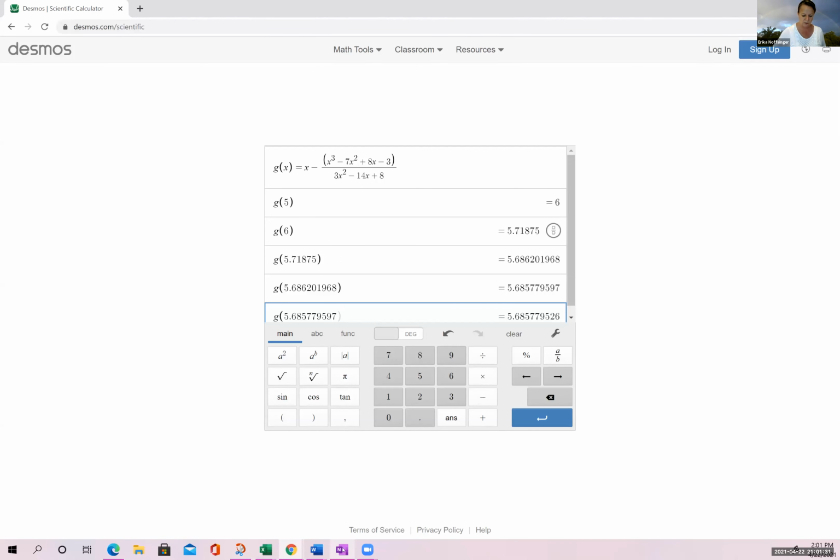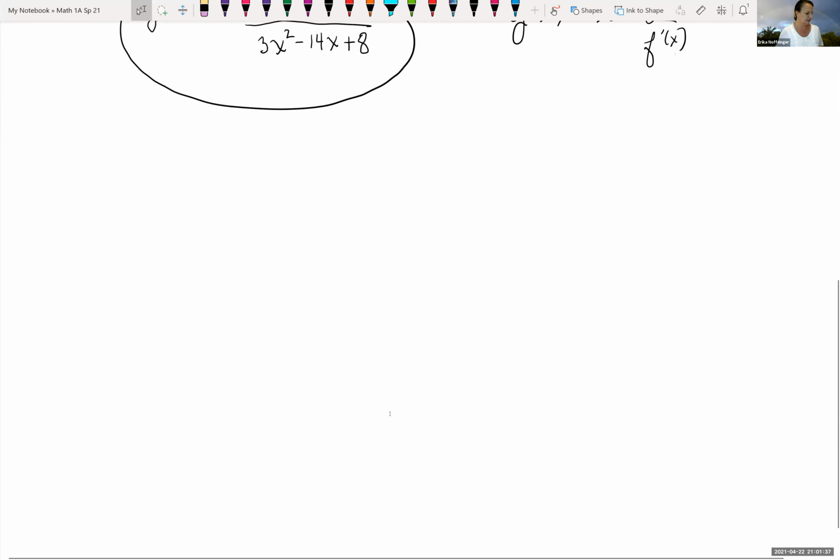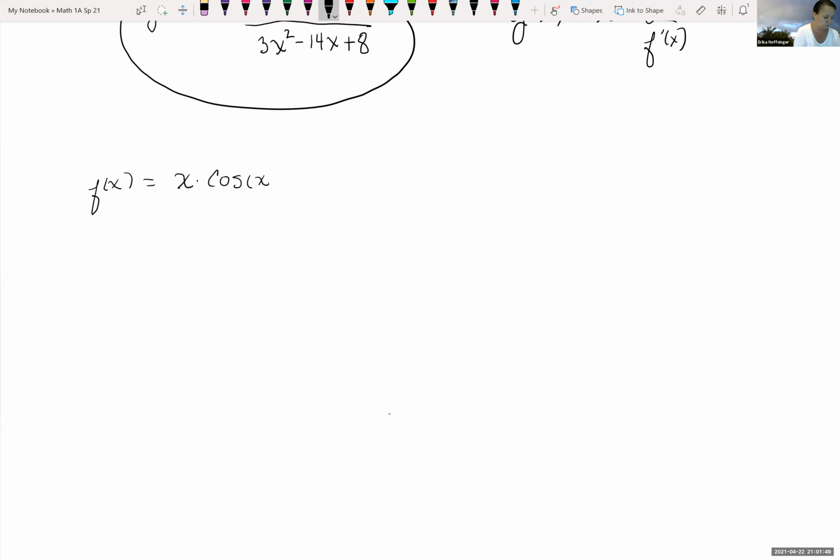So let's do one more example. Let's say you're given f of x is equal to x times cosine of x minus x squared.